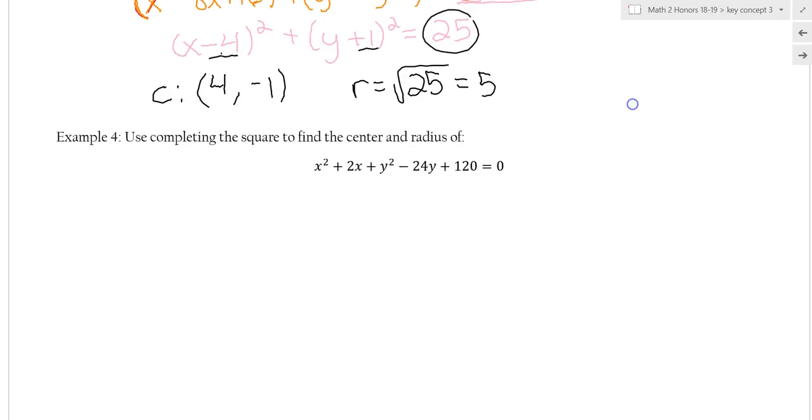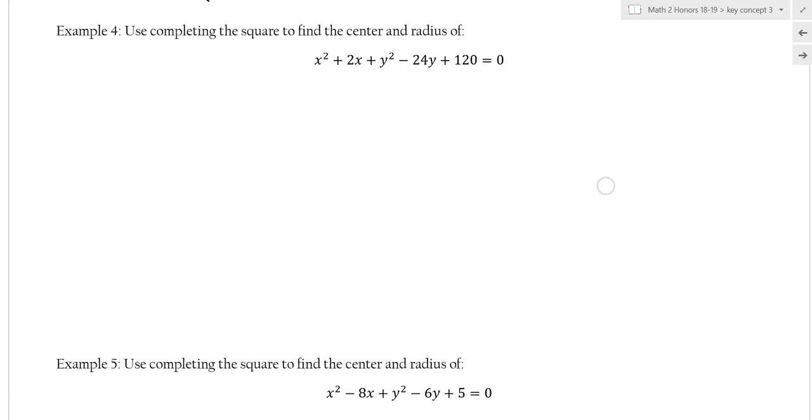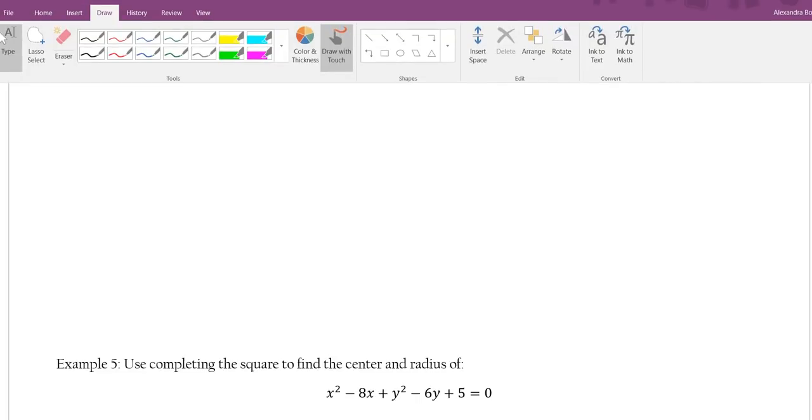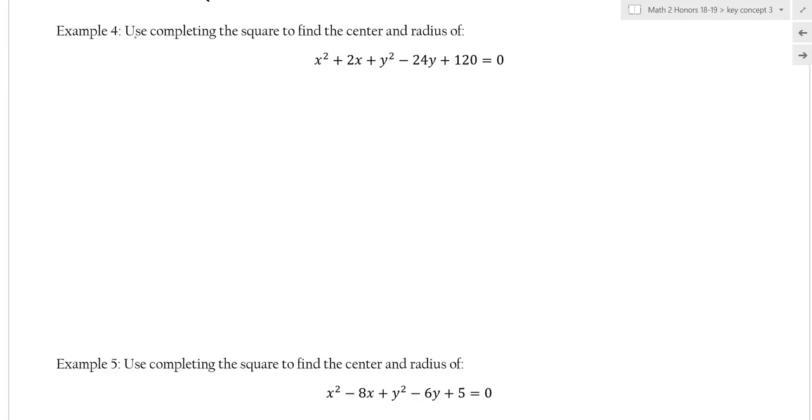All right. We are going to do one more problem today. Example 4, again, start by moving your terms. So I'm going to, it's the wrong color, subtract 120 from both sides.